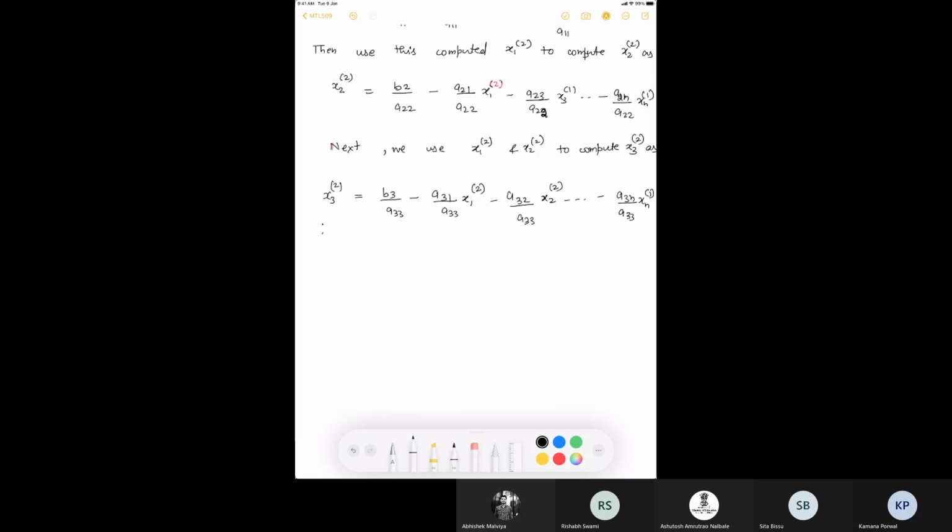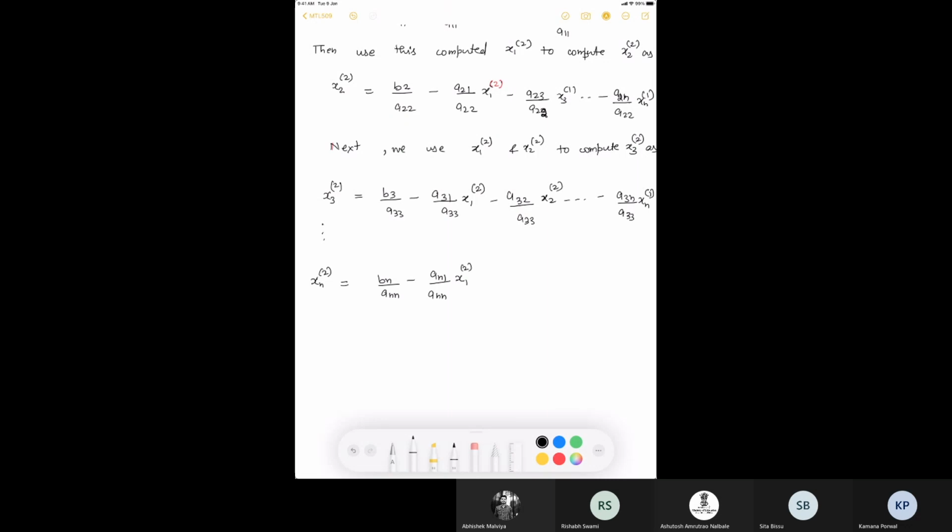If you repeat this process, the last component of the second iteration is going to be bn divided by ann, minus an1 divided by ann. To compute xn, note that I've already computed x1, x2 up to xn minus 1 from the second iteration, so I can use all of them here.